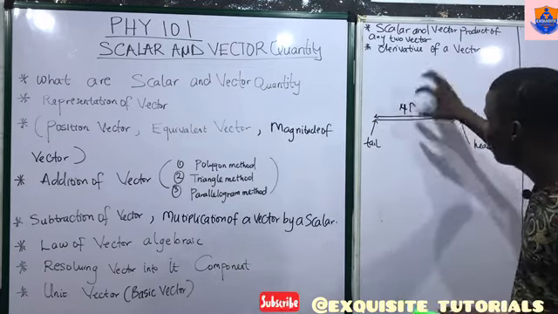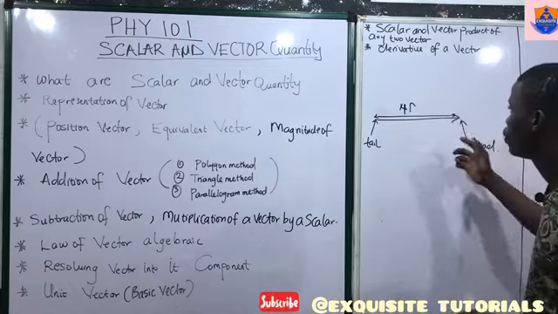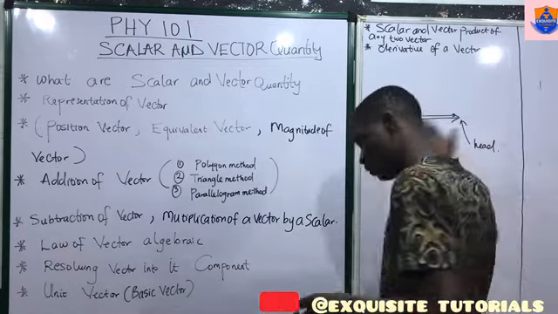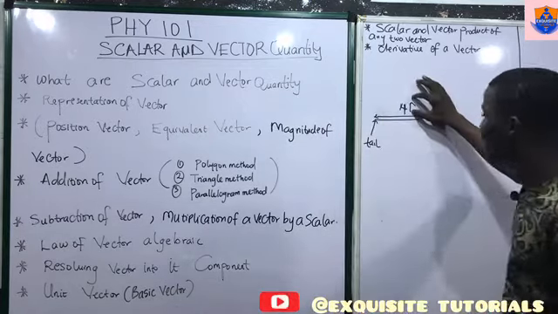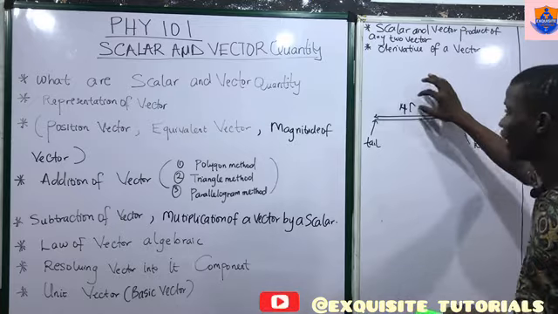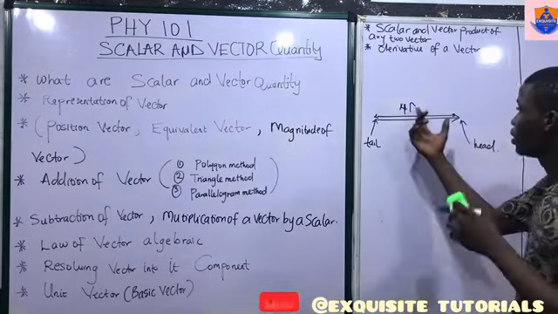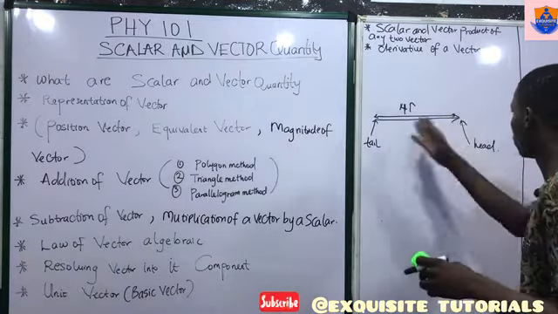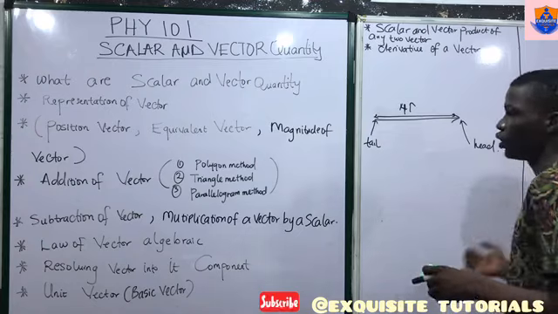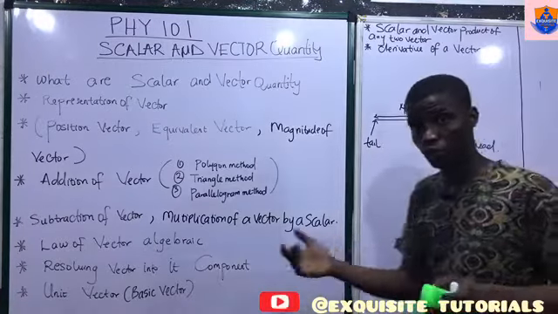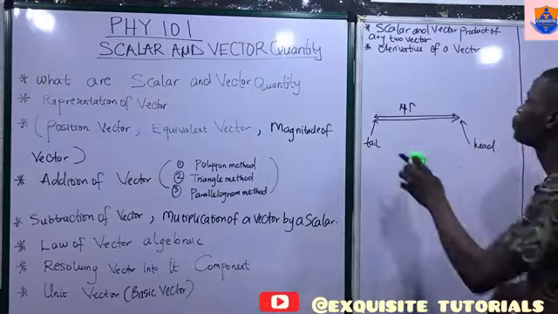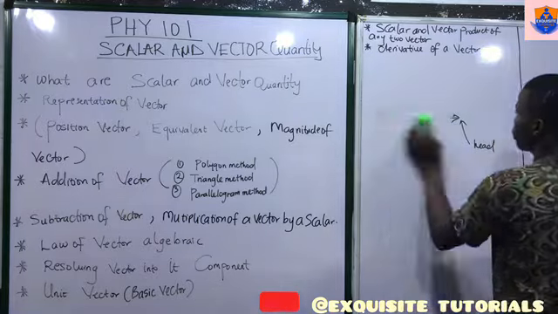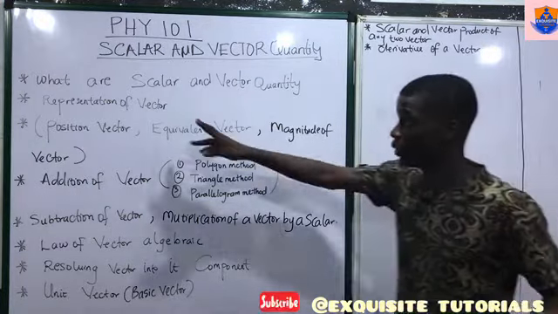Then the direction simply is towards the positive part of the x-axis, represented by this i. So that is the way we represent a vector.